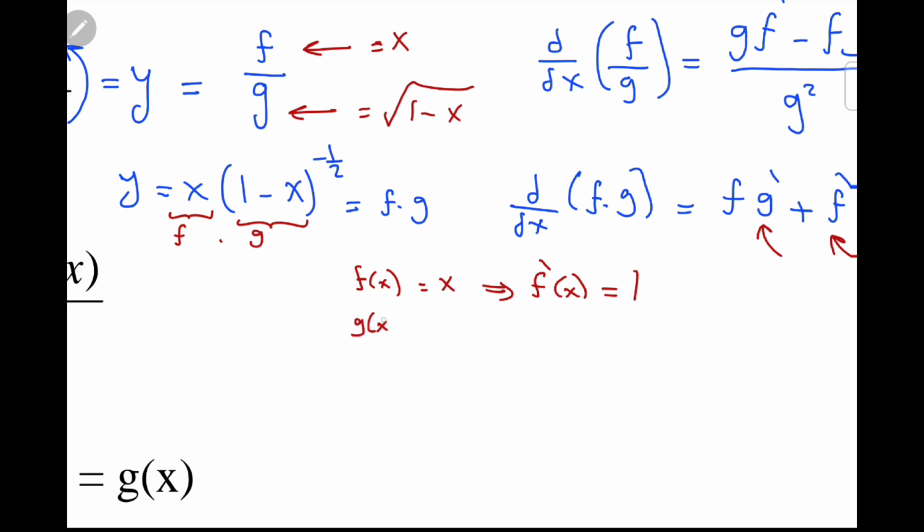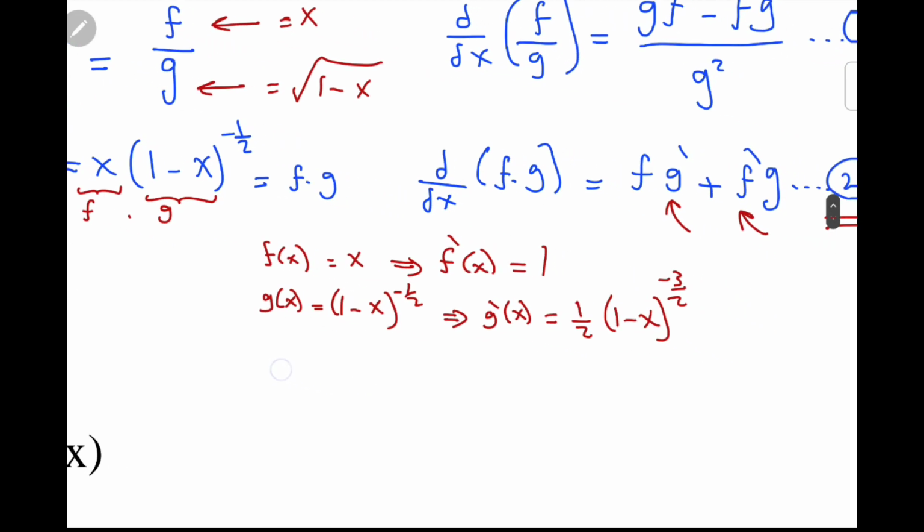However, g of x is equal to (1 − x) to the power of −1/2, so the derivative is given by g prime of x is 1/2 (1 − x) to the power of −3/2. How do we do that? We use the so-called chain rule.